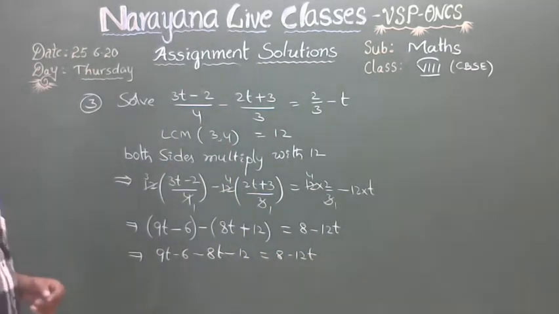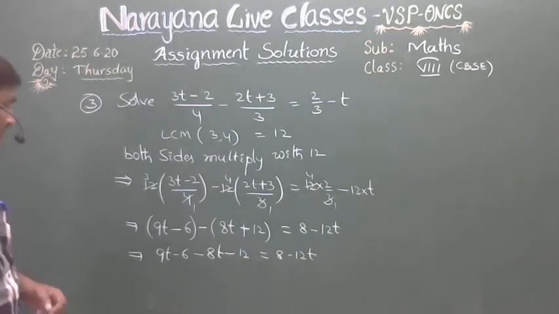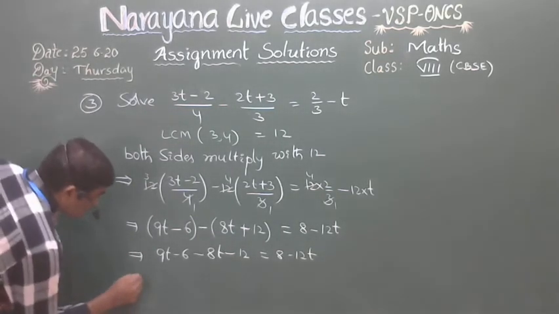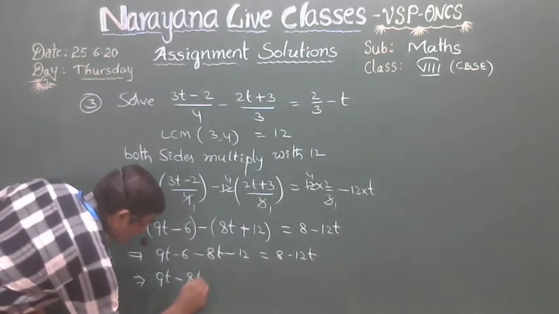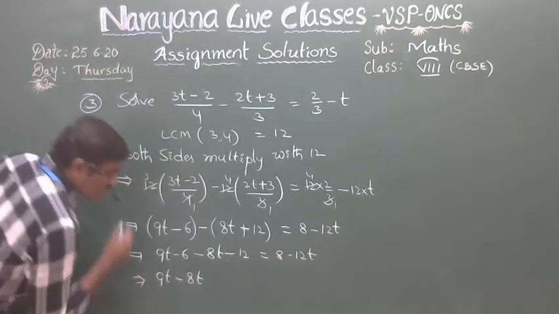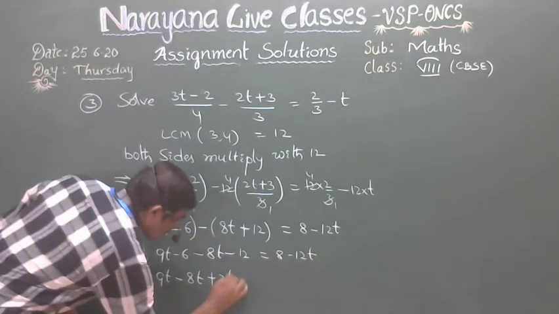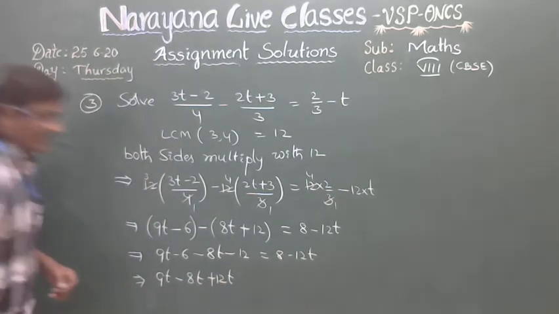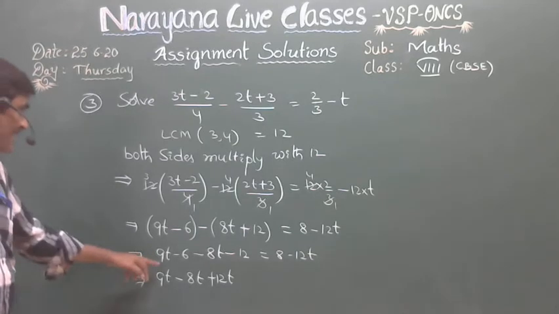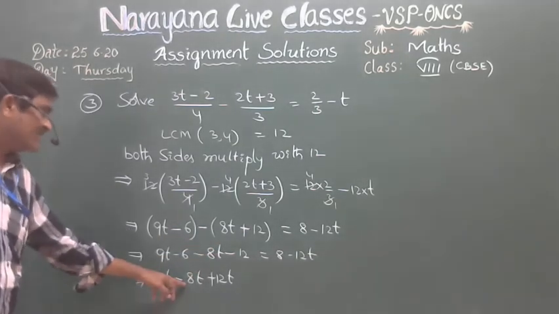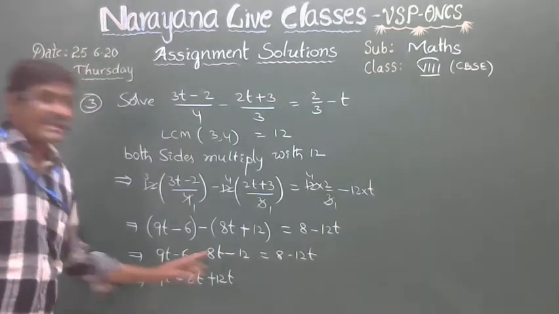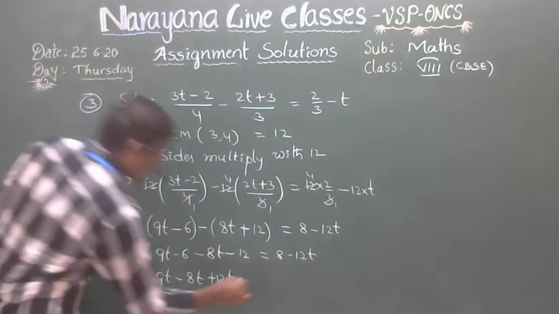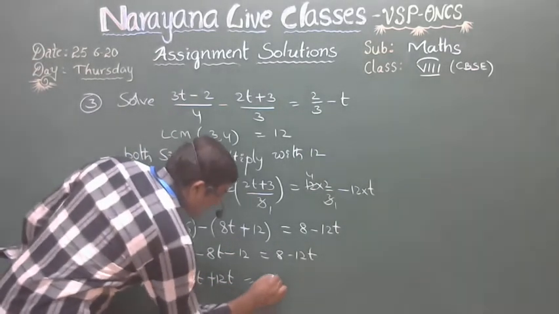Now all the variables will be transformed into one side, which gives 9t minus 8t. This minus 12t transformed to the left hand side will become plus 12t, equal to the right hand side constants, already we have 8.